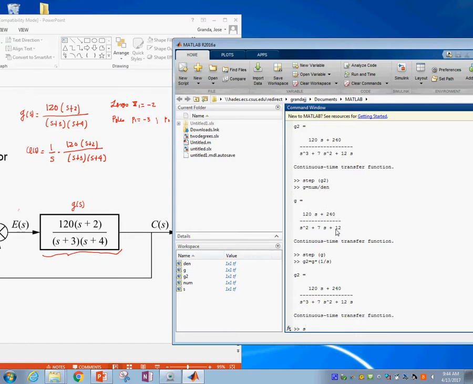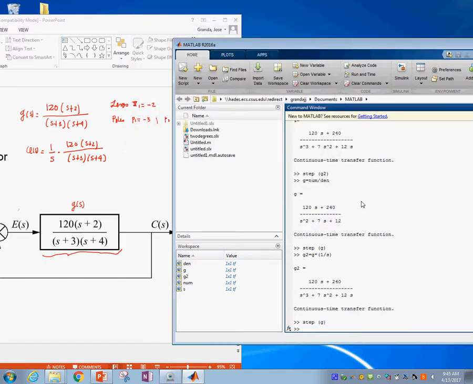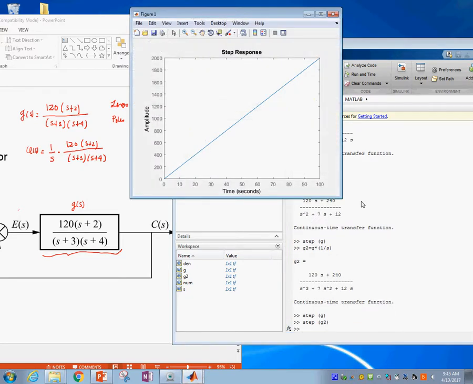But if you do again using the same function step like that, it's like the original transfer function multiplied by 1 over s squared. Excuse me, I did the same thing. So we need step of G2 is what I mean, which is there, and there you see the ramp. Okay, so this is how we can test the different systems with different inputs.